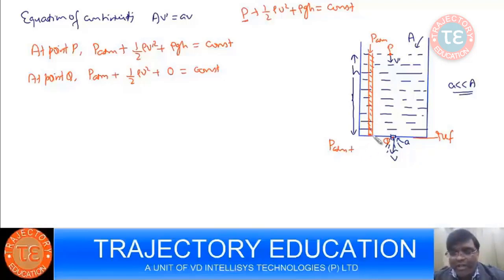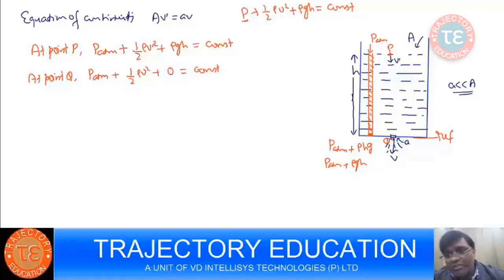If I take a unit area, the volume is h into 1, and with rho and g, this is the weight of the liquid per unit area, that is P atm plus rho g h. Whereas at Q, the static pressure is P atm.